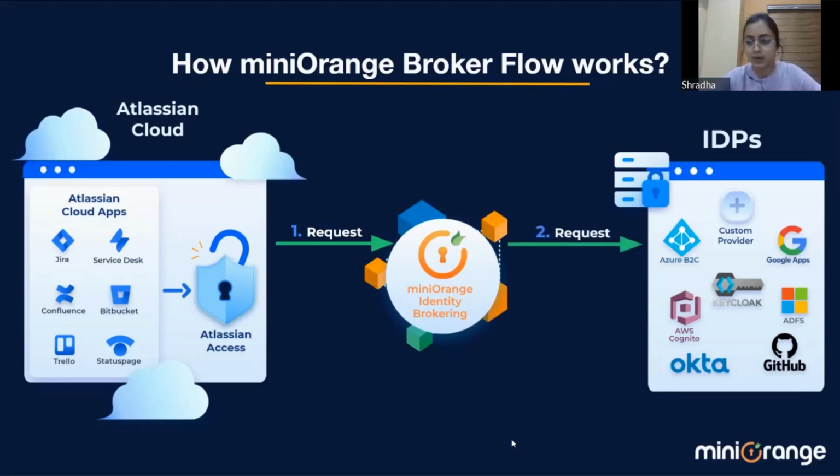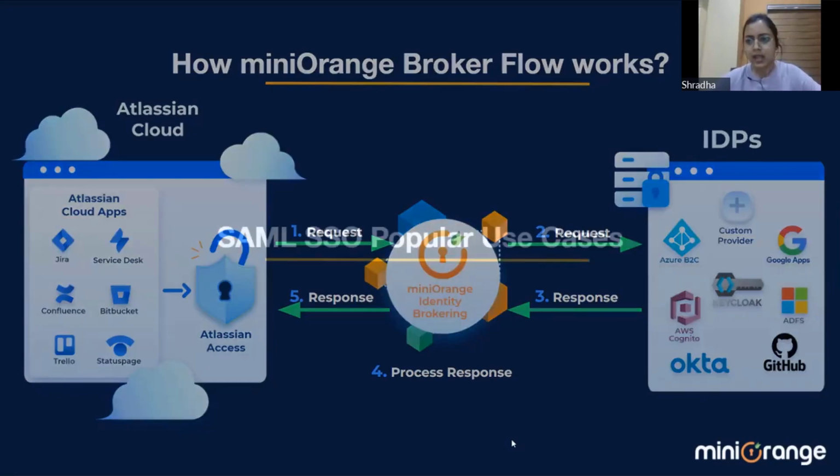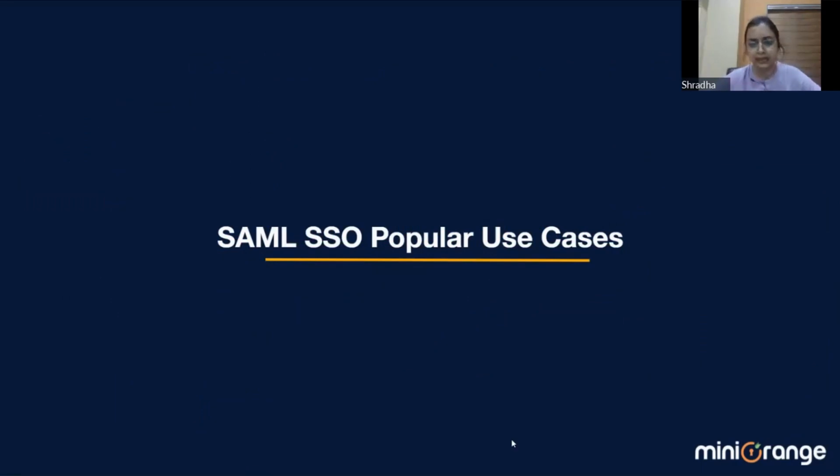Now, identity provider processes and sends the response back to miniOrange along with user-specific information. miniOrange now processes the response and generates its own response for the Atlassian Cloud, and Atlassian Cloud finally reads the response and logs the user in. I hope the flow is clear.